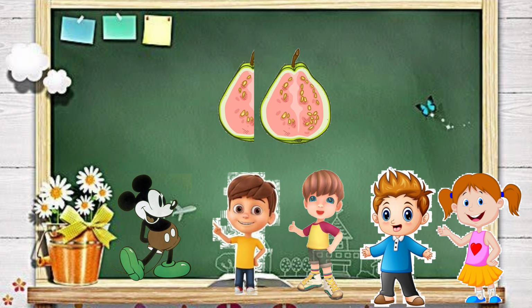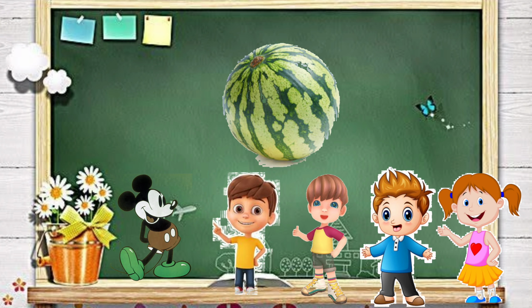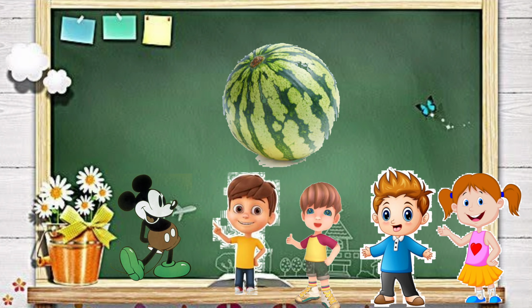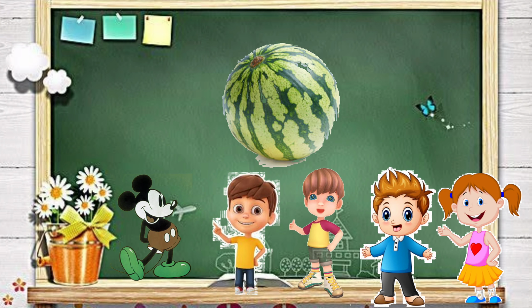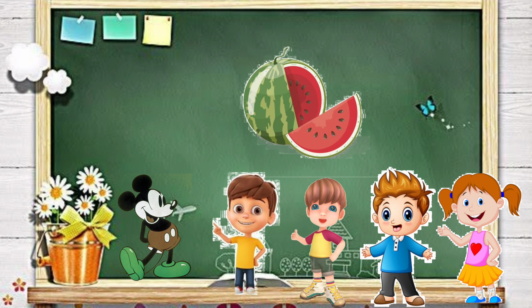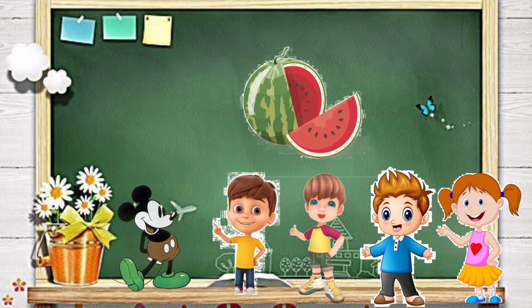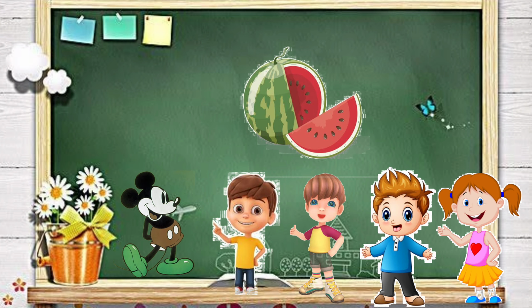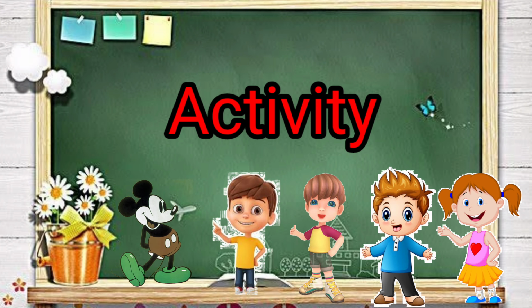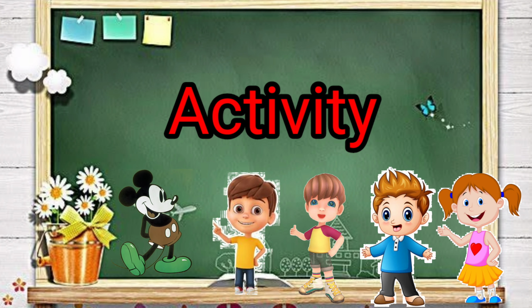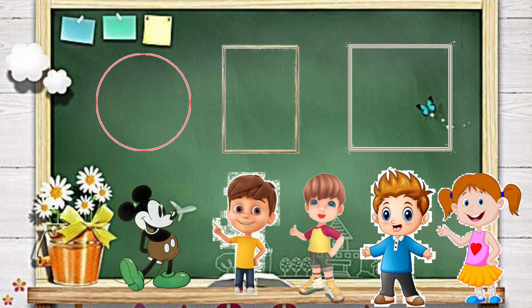Of course. 3 quarters may also be called a 3/4 part of the whole. When we take away a quarter from a whole, what we have left is also 3 quarters. That's good, my friends. So, let us start with the activity of 3 quarters. So here, all 4 of you color 3 quarters of the pictures.